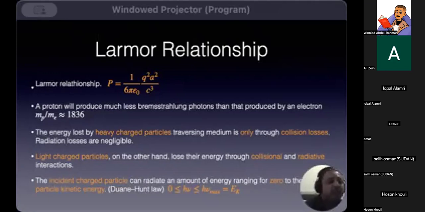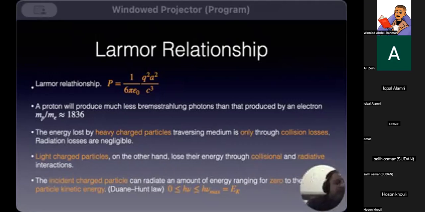That could be a significant part. So electrons, when they interact with a medium, lose their energy through collisions and also through emission of X-rays. Actually, this is the basic principle of how we produce X-rays in the first place, whether it's in an X-ray tube or in a linear accelerator. We accelerate electrons, let them hit a target, and then we get X-rays from that.